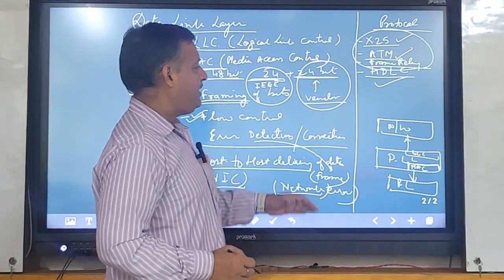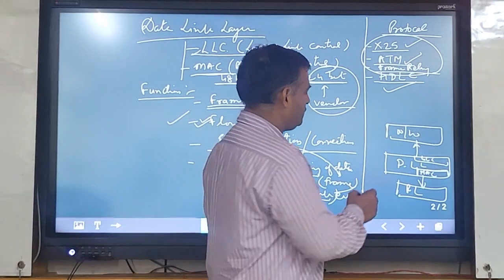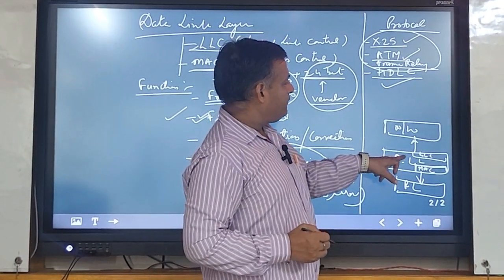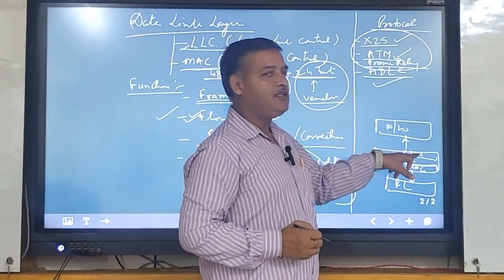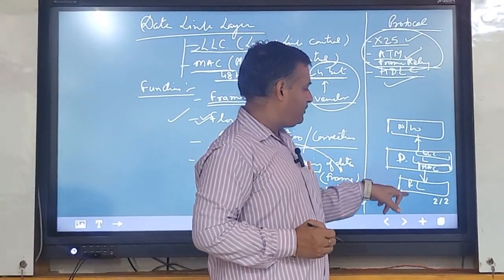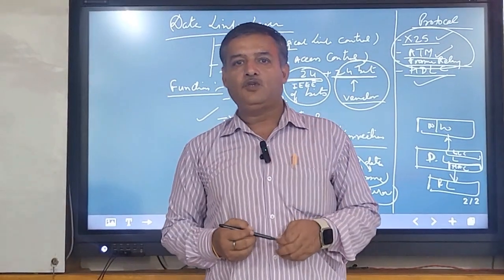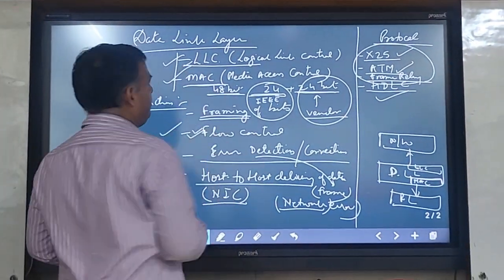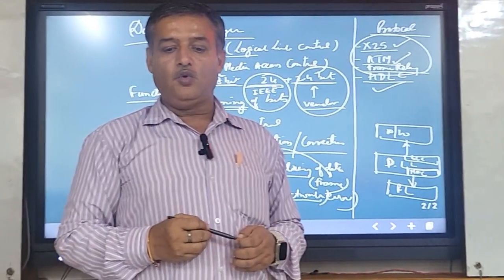So this was the idea: when the data link layer is communicating with the network layer, the LLC will come into the picture. And when the data link layer communicates to the physical layer, then the MAC addressing is useful. This was the main idea of making sublayers.